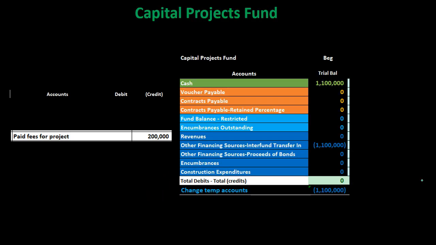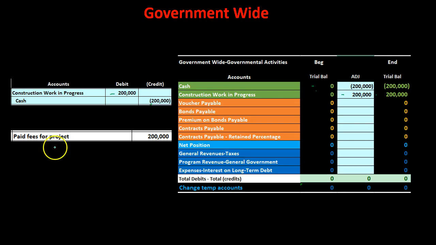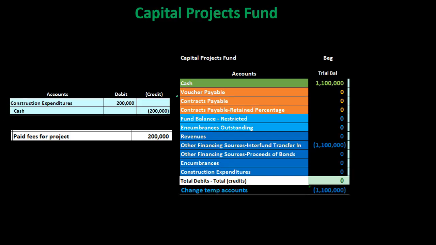Debits equaling the credits. If we then consider the capital project fund, we're going to have a similar type of transaction. Note, if we go back to the capital project fund, we're not going to have the construction work in process, because the government-wide activities are on accrual basis, and therefore have those long-term assets. In the capital project fund, modified accrual, we don't have that. Therefore, the debit's going to have to go somewhere else. Where's it going to go?